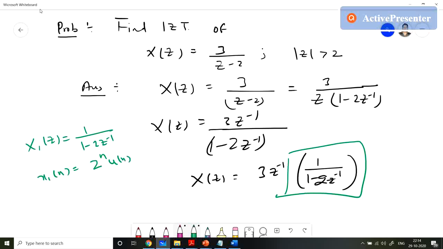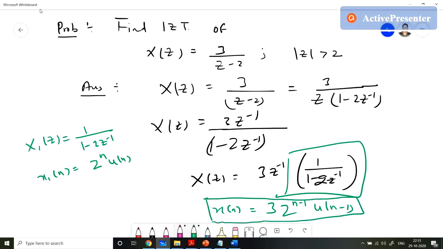Now if we multiply with z inverse, then what we will get is a shift of minus 1. So x[n] is equal to 3 times 2 to the power n minus 1 u[n-1]. So this is our final answer.